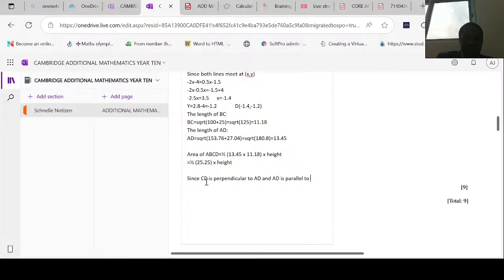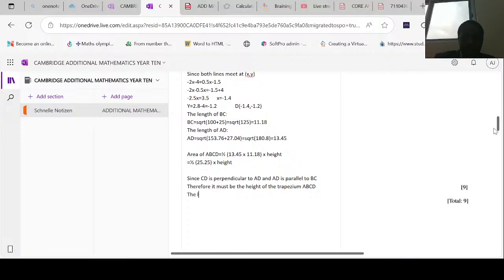To BC, right? Therefore it must be the height of the trapezium ABCD. So now let's find the length of CD.